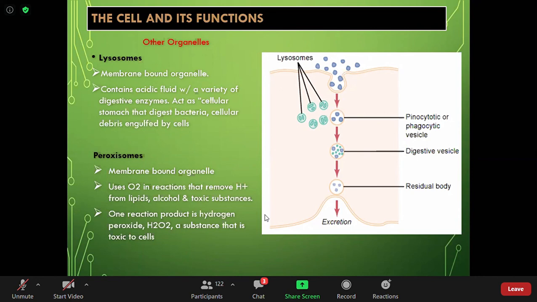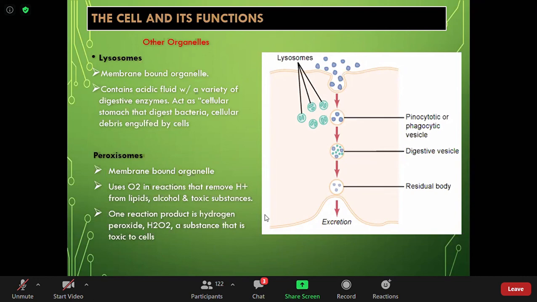And then you have your lysosomes and your peroxisomes. Your lysosomes, they contain acidic fluid with a variety of digestive enzymes.